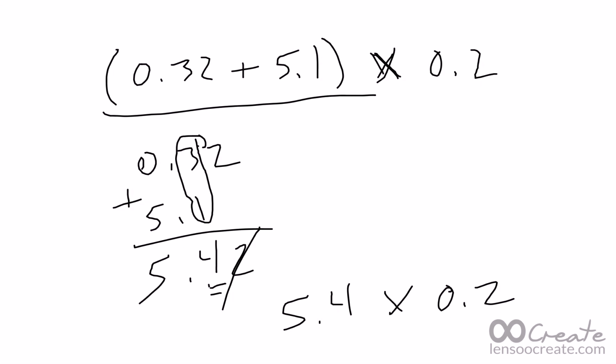Well, here the 5.4 has 2 significant figures, the 0.2 has 1 significant figure. So if we solve that, it would come out to equal 1.08. So if it's 1.08, I can only use 1 sig fig, the 0.08 drops off, so I would report this as 1. All right, so I'm going to wrap that up there.